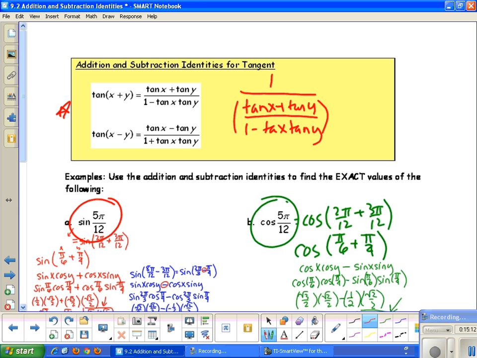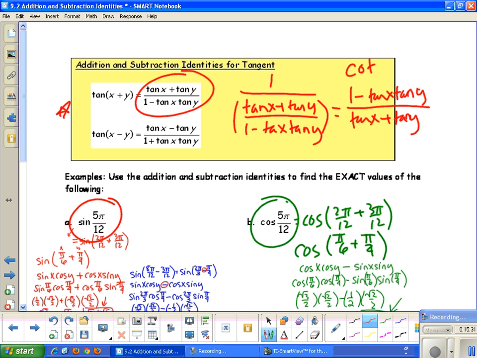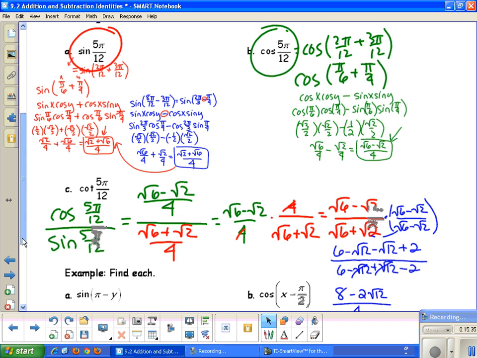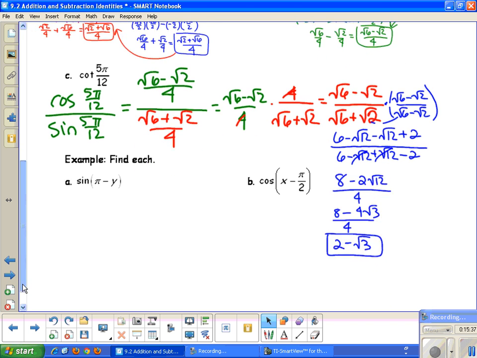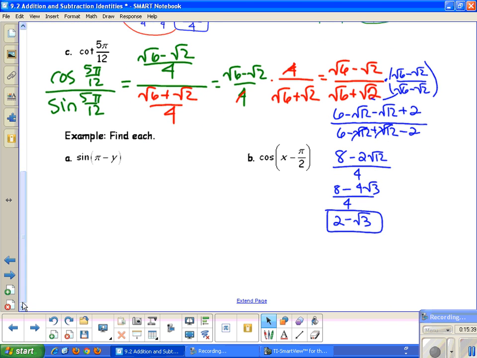So if I would have done this, then really I'm doing 1 minus tangent x tangent y divided by tangent x plus tangent y, and this would have been for the cotangent. So you can do the reciprocal of this identity in order to get the cotangent, so that's okay to do. So that's another way I could have done the problem, and then use the tangent values on my unit circle.